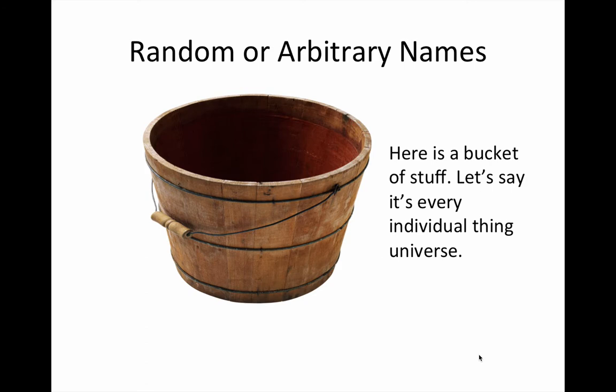Now let's talk about what we mean when we introduce an assumptive name. So imagine that we have a bucket of stuff. Let's just say that in this bucket of stuff is everything individually in the universe, right? So every individual entity in the universe.